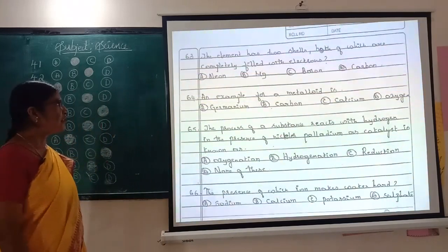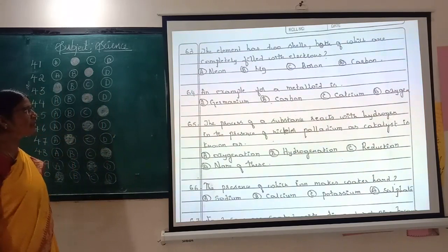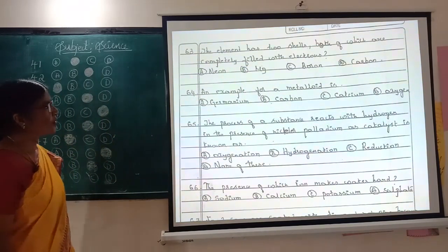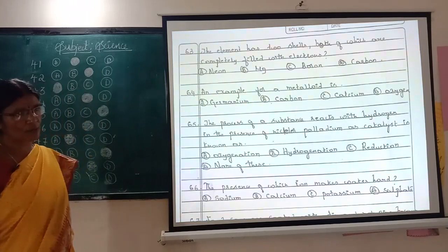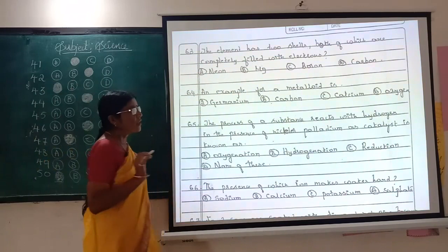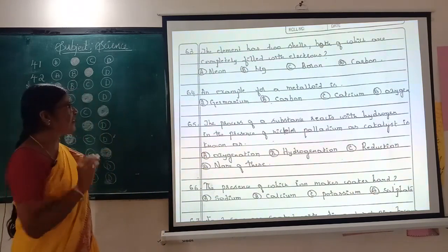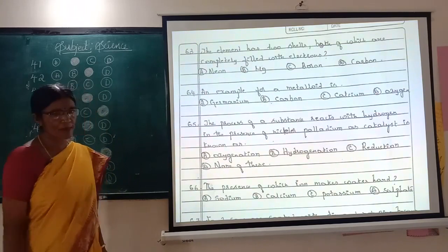Next, for 63rd question, children. The element has 2 shells, both of which are completely filled with electrons. In this part, you have to concentrate. Options are given like neon, magnesium, boron, carbon.